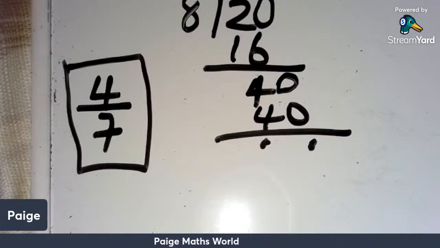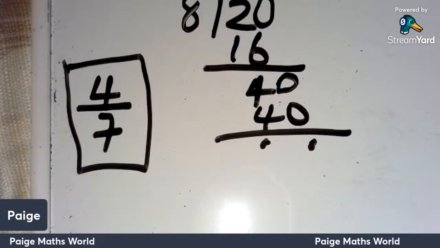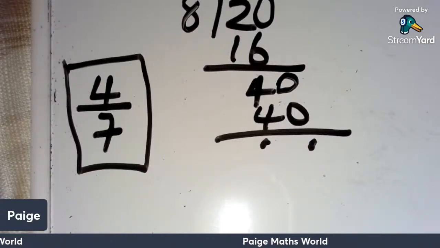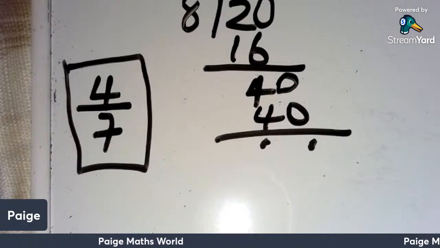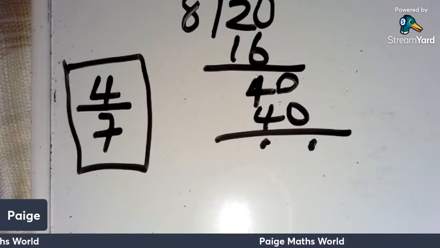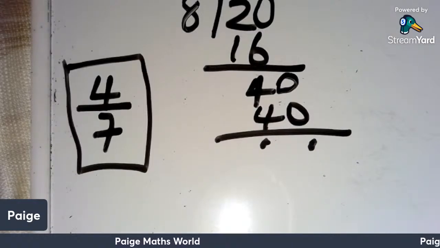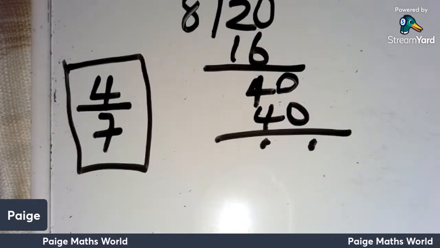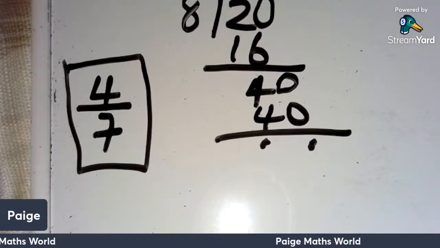Anybody with the answer yet? 30 more seconds. All right, Dolly, come in with hers. Still waiting on the others. Ray, Taryn, what's 4 over 7 as a decimal?